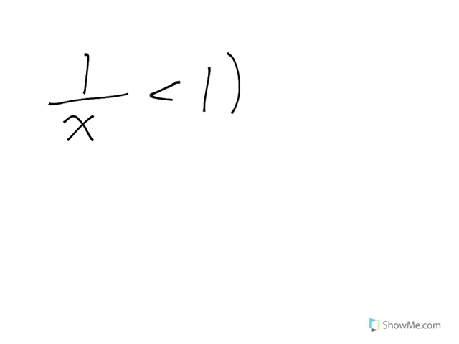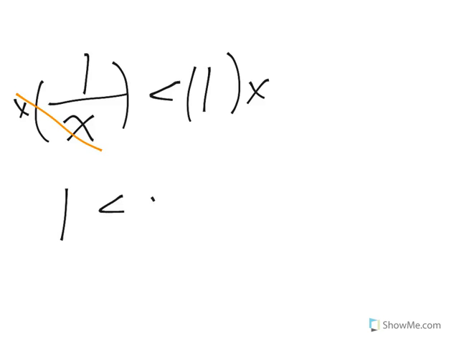If I multiply both sides by x, assuming it's not 0, 1 has to be less than x.